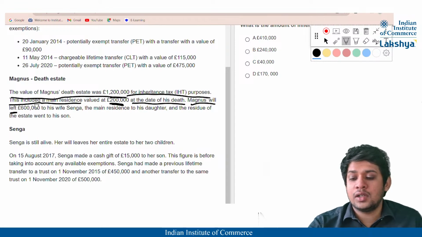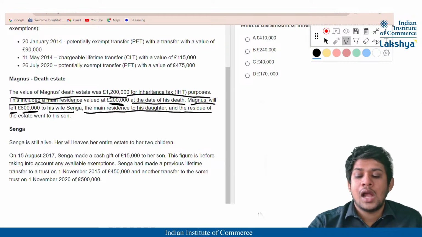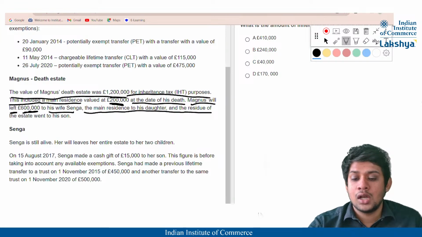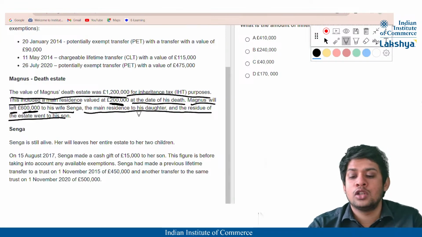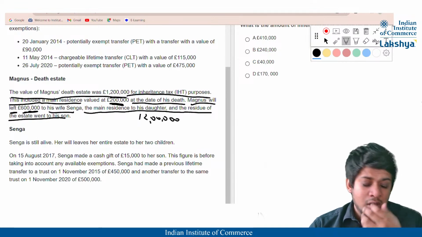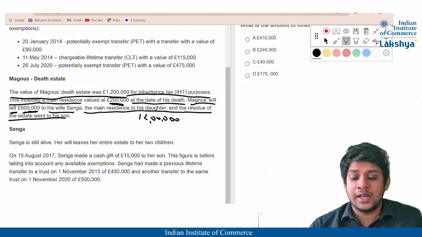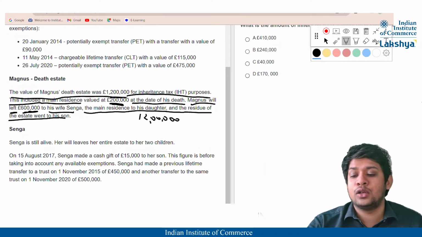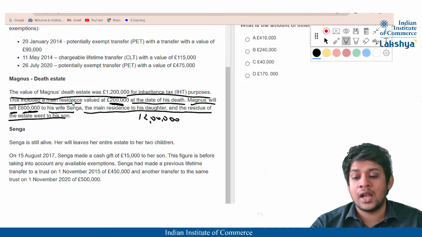Magnus's will left 6 lakh pounds to his wife Senga, the main residence to his daughter, and the residue of the estate to his son. So the total value of his estate is 12 lakh.